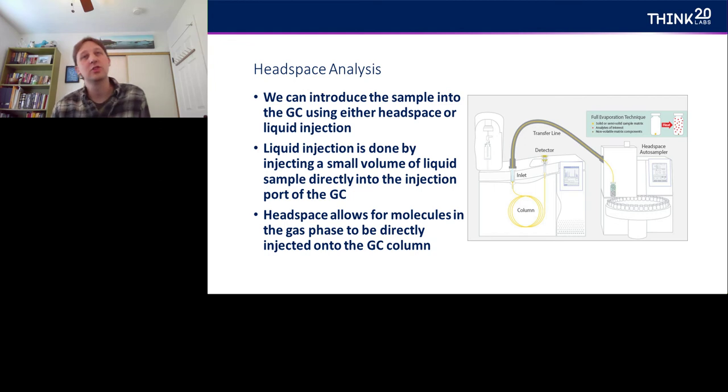So this allows us to inject only the compounds that we want to. So the majority of terpenes, at least the ones that we look at, boil below 160 degrees. So everything in the sample that boils above that will remain in the vial. So once all of these analytes are volatilized, we inject a specific volume into the inlet that moves into the column.